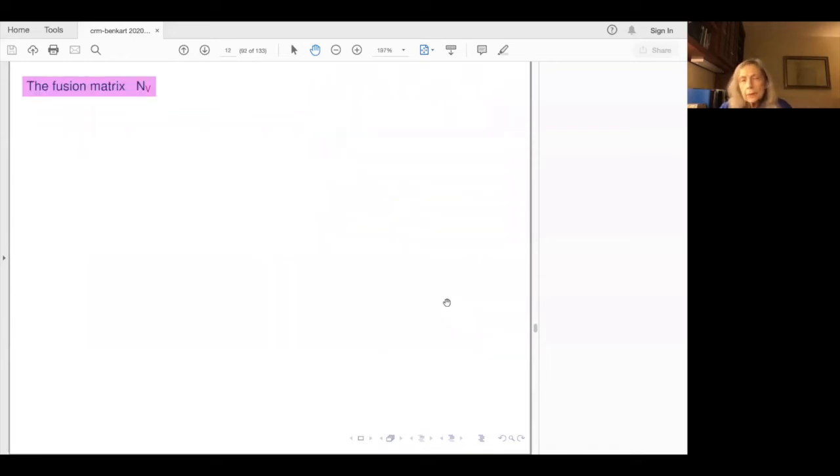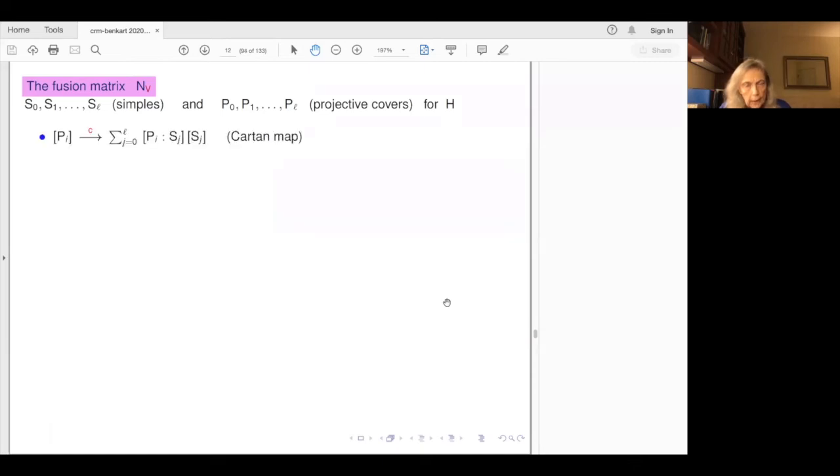I want to talk about what's sometimes called the fusion matrix. So let's go back to the general context of simple modules and projective covers, and look at something called the Cartan map. This is actually a map between two Grothendieck group rings.